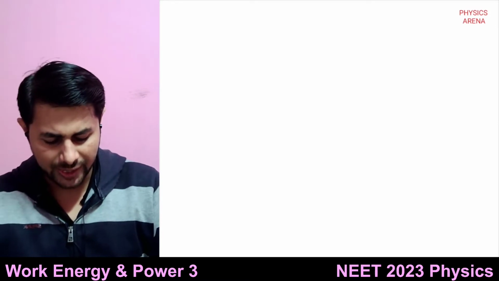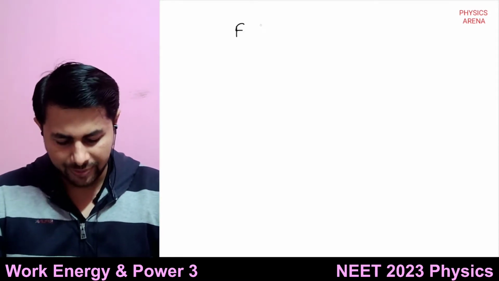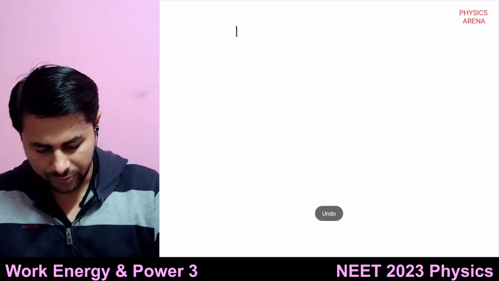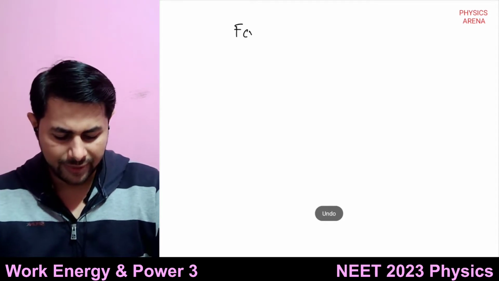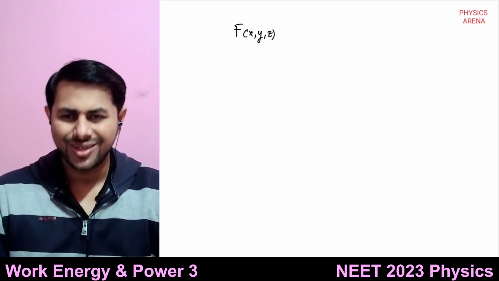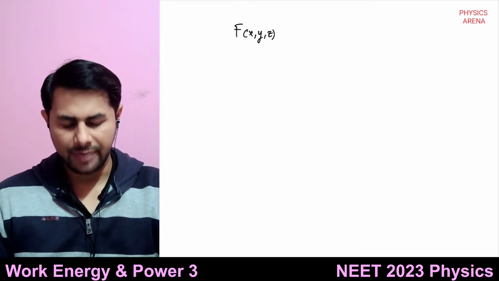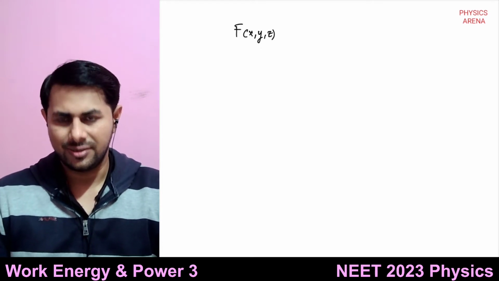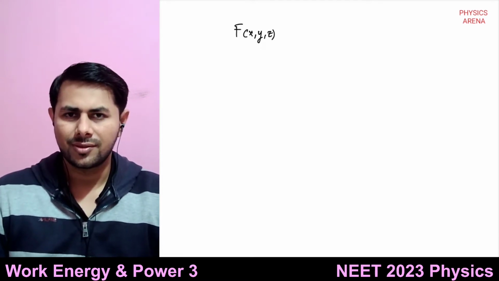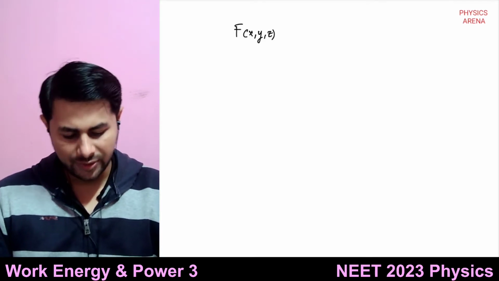We can generalize it for 2 dimensions, 3 dimensions. If I want to generalize this, then force can be a function of x, y, z, not just x or y or z. And it's a vector quantity. Force is a vector quantity.